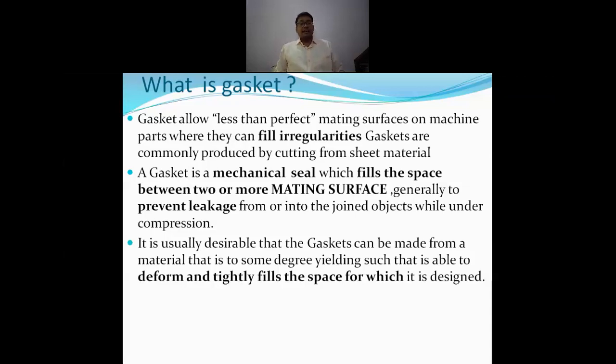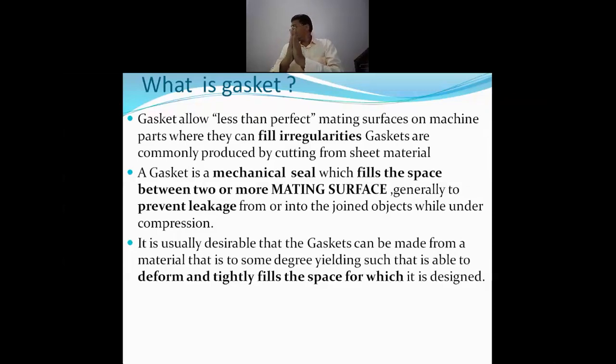Basically, the gasket allows less than perfect metal surfaces or machine parts to fill the irregularities. That means when any two metal parts come in contact with each other, even though they are in perfectly finished condition, they cannot be 100% leak proof.